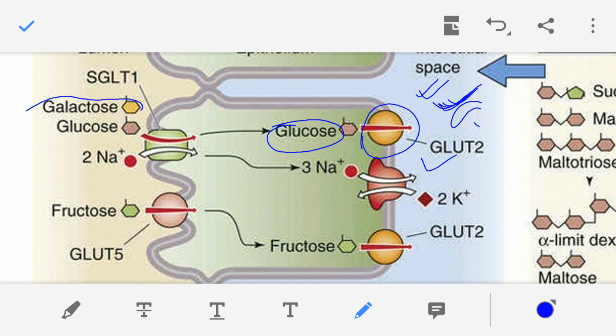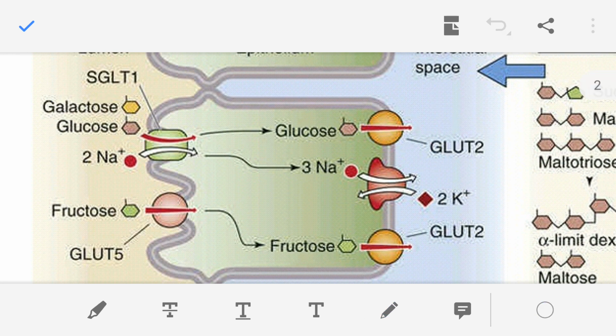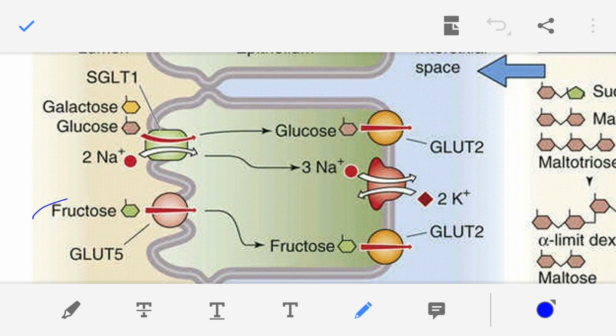The same procedure is followed for the absorption of galactose. The same carrier proteins are involved, SGLT1 and GLUT2, for galactose also. And for fructose, the transporter is GLUT5. Now fructose is in the cytoplasm.